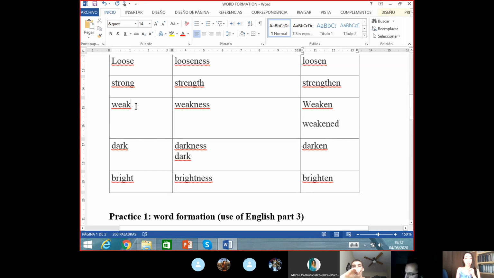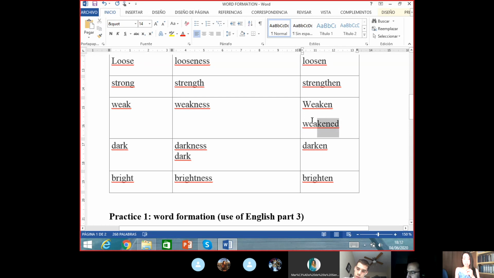Weak es homófono con la palabra semana. Débil. Suena igual que semana. Weak y el pasado de este verbo, que es debilitar, suena igual que fin de semana. Weekend. Okay? This was just a curiosity, nothing to learn about it.